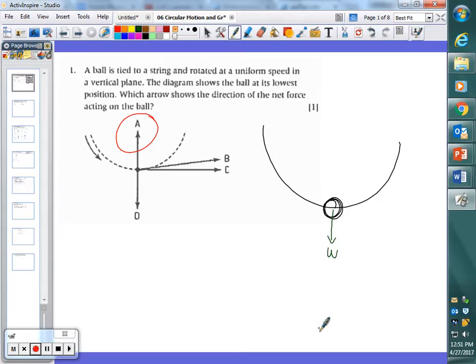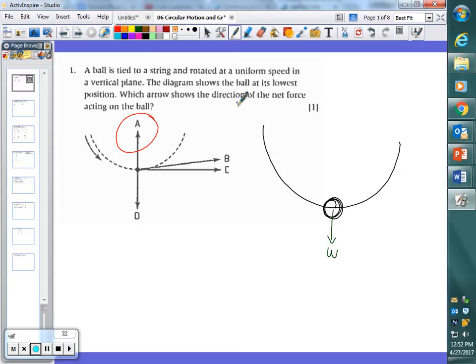Remember that net force is a combined effect, right? If we're drawing just forces, let's draw forces first. What's the other thing that is affecting the ball? Gravity. What's the other force? Tension, right? There is no normal force because there's nothing underneath it.